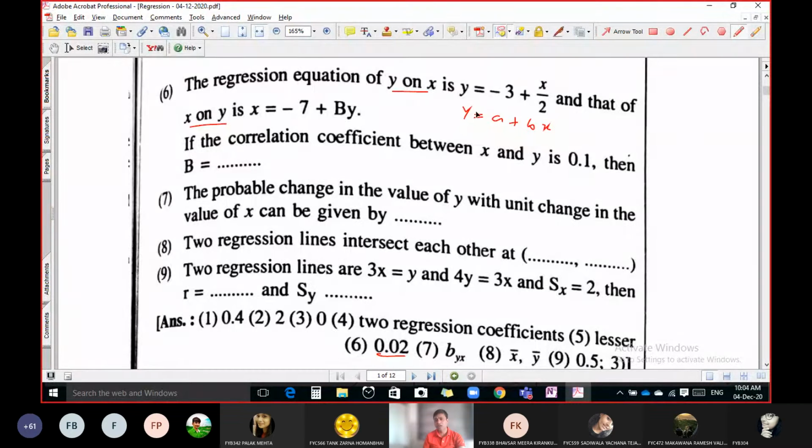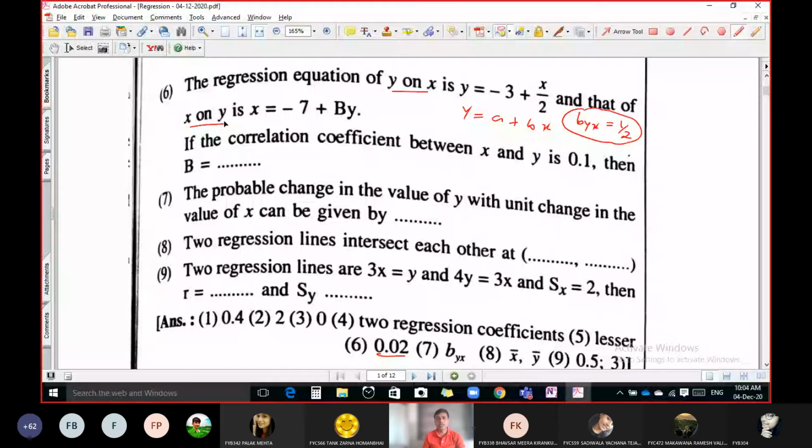So compare this y equal to a plus bx and this y equal to minus 3 plus x by 2. So you will get the value of a equal to minus 3. And what is b here? 1 by 2. That is nothing but byx. So byx is 1 by 2. Okay, so now we know the value of byx.